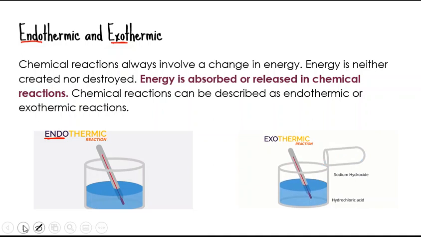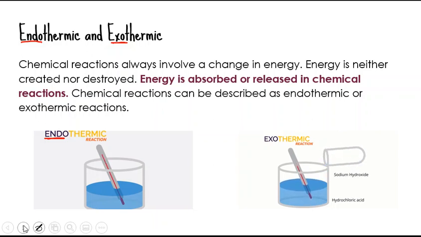The chemical reaction itself is called the system. So we're standing in the surroundings. It feels cold to us and the temperature is going down. Why? Because the surroundings is losing energy and the system is absorbing or gaining that energy.